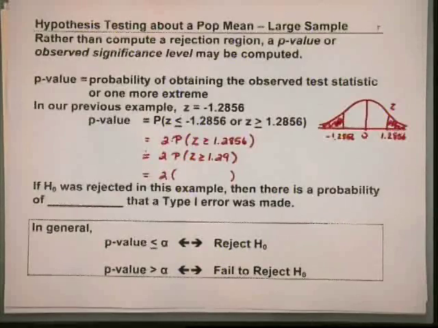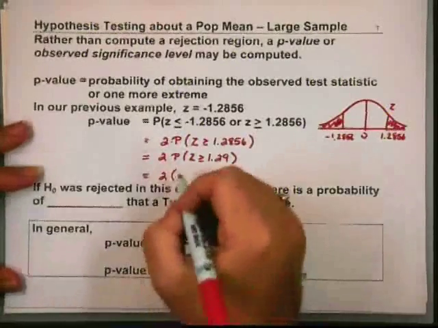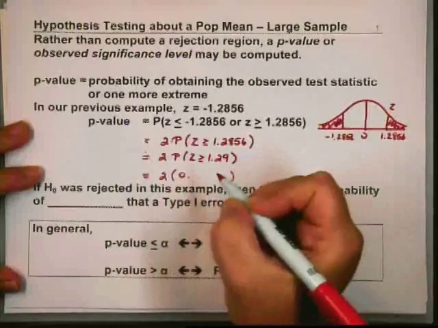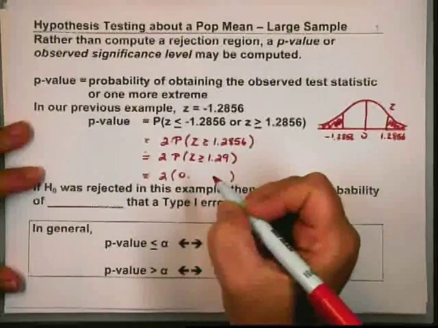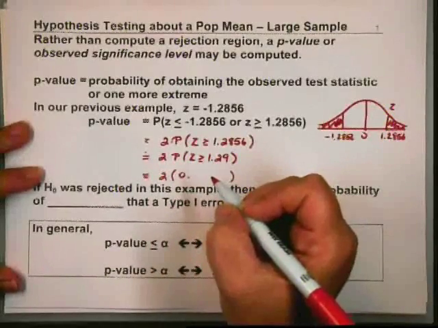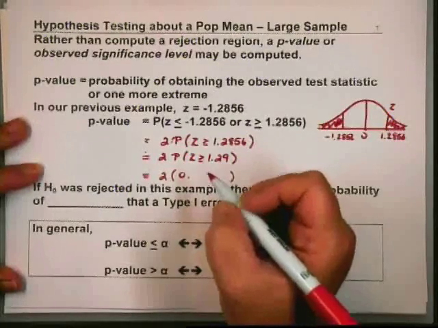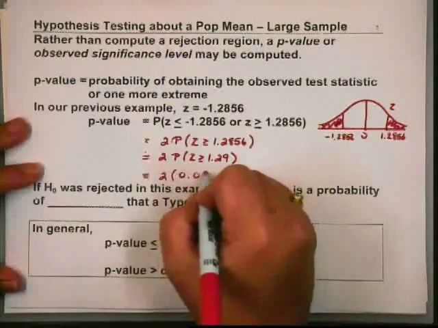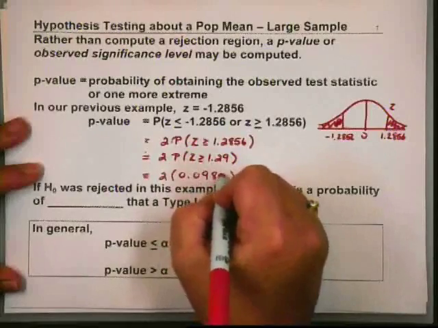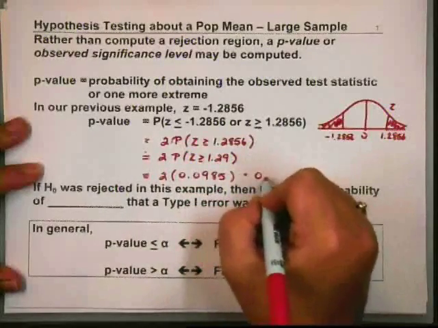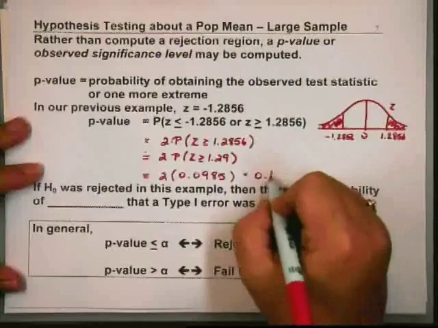And what do you have? .0985 is what I have. Do you agree? And when we double this, we end up with 0.1970.